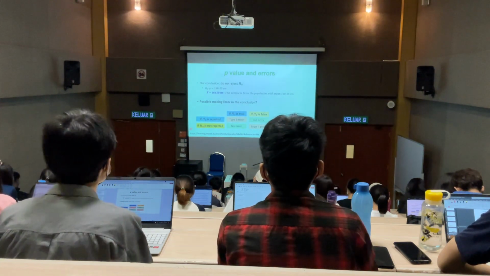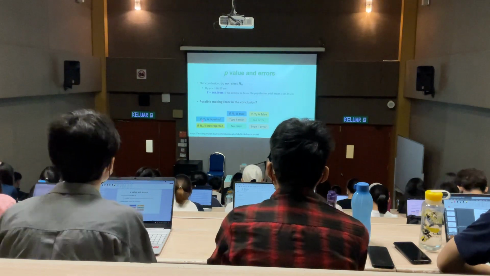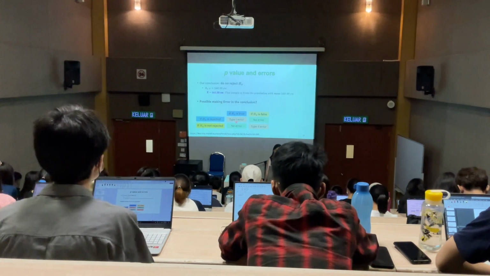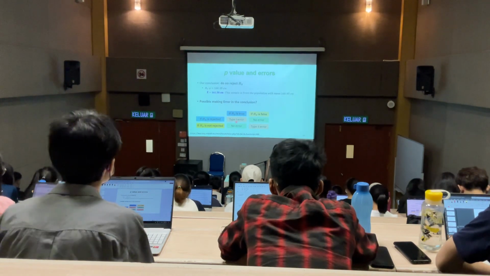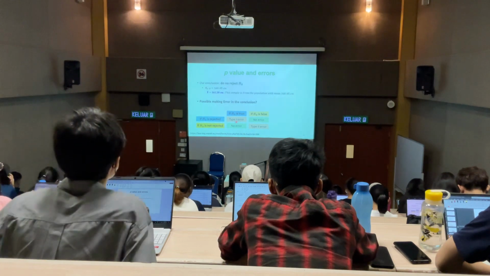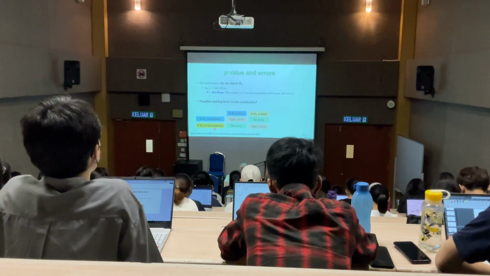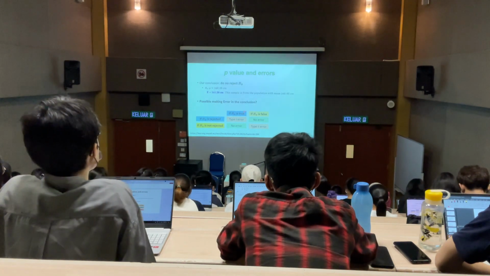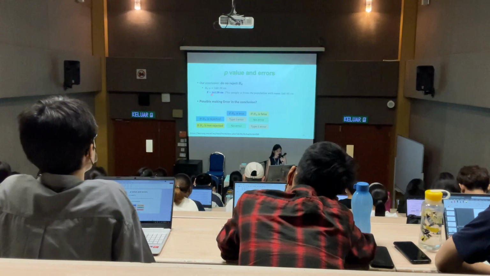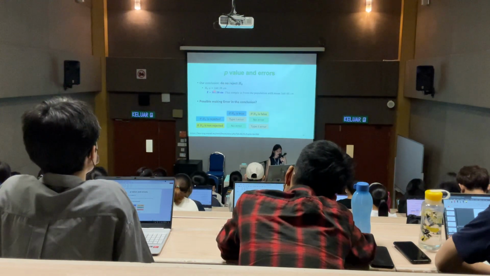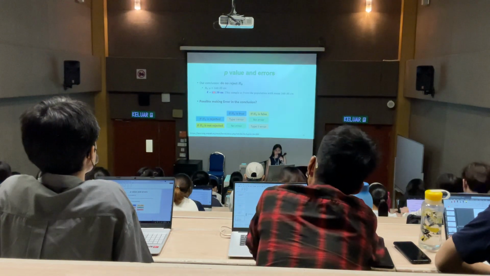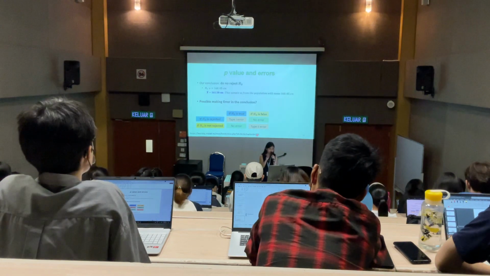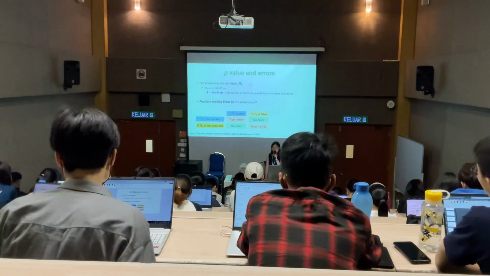If you reject your null hypothesis and your null hypothesis is actually true, then you will get a type 1 error. But if you accept your null hypothesis and actually the null hypothesis is false, let's say in this study your null hypothesis is that they are the same, but it's actually false, then you will get a type 2 error. This is an example of a type 2 error.